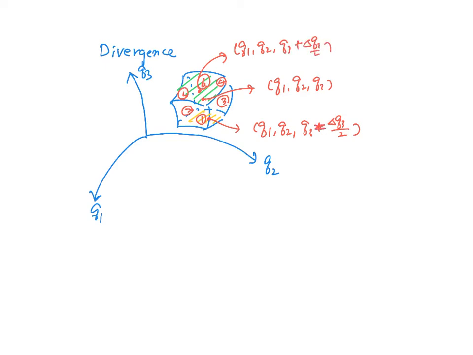This is to be minus, I think. Sorry. Minus. And this is the direction of the surface, and this is the direction of the surface. So Q3 minus Q3.